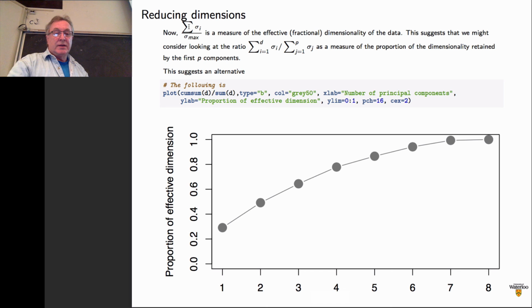So I could look at this measure here as a measure of the effective dimensionality of the data. And now I'm looking at not the eigenvalues, but the ratio of the singular values. So this is the sum of the ratios of the singular value to the largest singular value.